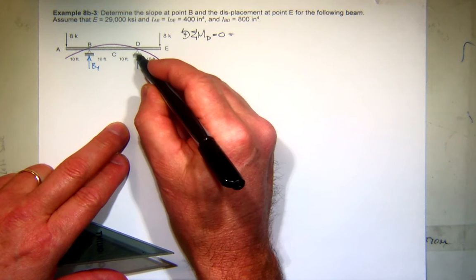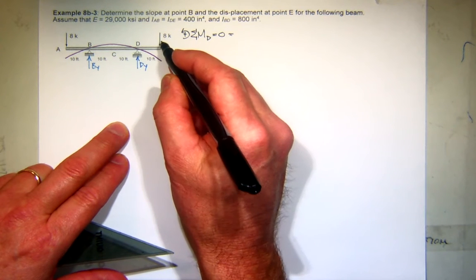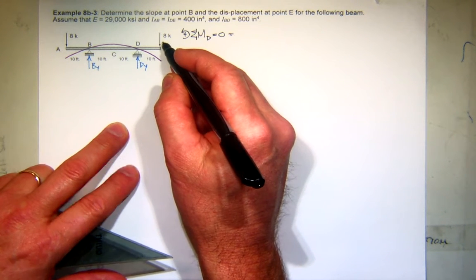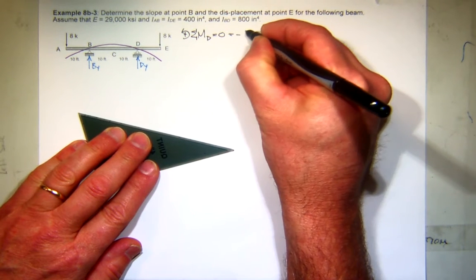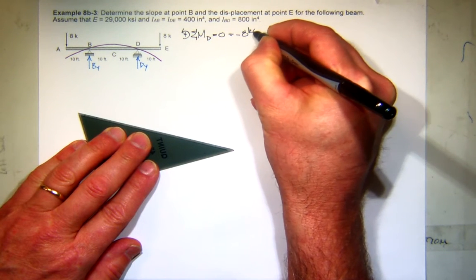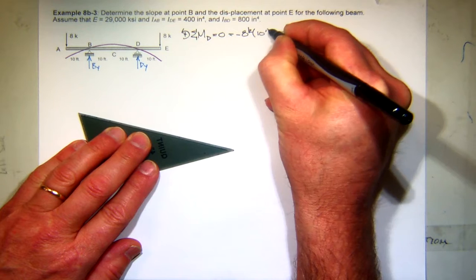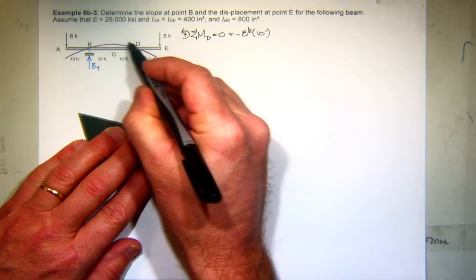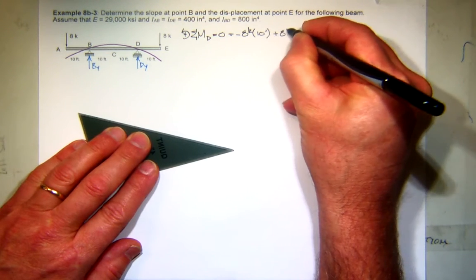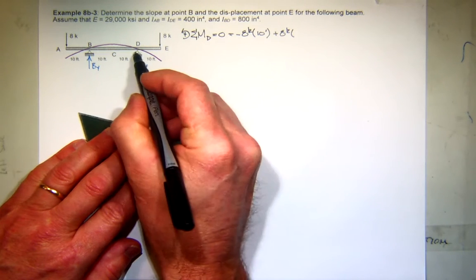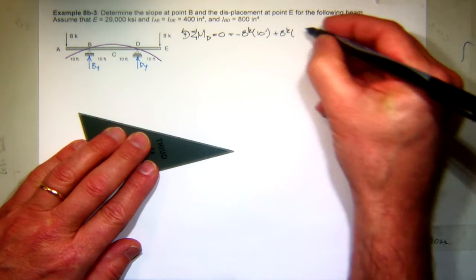When I sum my moments at D, this applied force at A is going to be a negative moment. So that'll be 8 kips times 10 feet. And then over here to this guy, it's going to be a positive moment. Force is 8 kips and the distance is 30 feet.